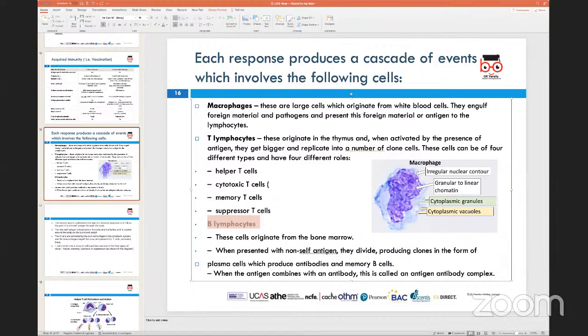Now, when an antibody binds with the virus, it prevents the virus or the bacterium or the pathogen from entering any other cells in your body, and thereby restricts the spread of infection.